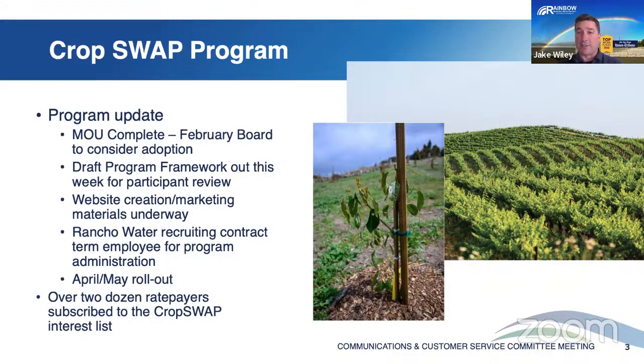There's water savings there as an old grove goes down and a new grove goes up, and new varieties that are a little more salt tolerant. I'm not a deep expert on that, but it includes those types of projects as well that are going to be incentivized. And I think that's really important for our region.